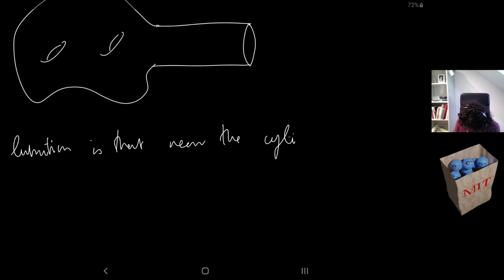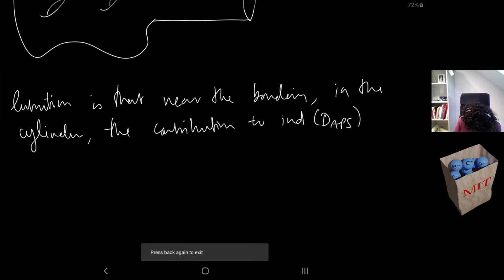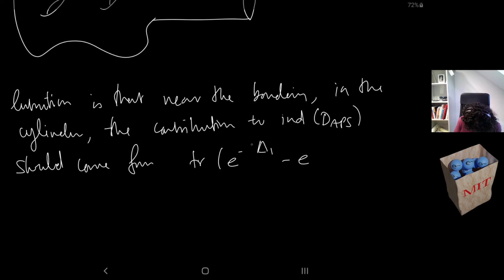The intuition here is that near the boundary, in the cylinder, the contribution to the index of D APS should come from the trace of e to the minus tau Laplace 1 minus e to the minus tau Laplace 2.